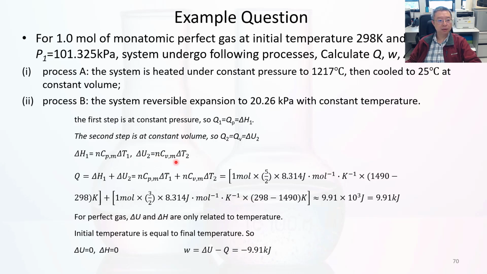The total Q is the sum of the first step plus the second step. The first step is this much, and the second step is this much.